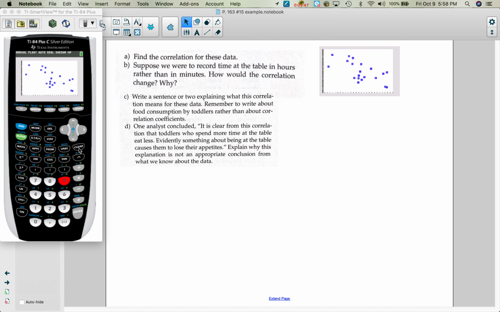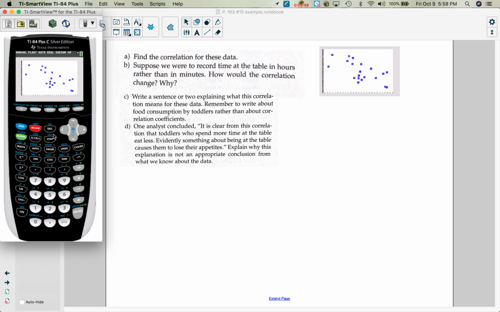to do the correlation, I'm going to quit my graph, and to find that, we're going to go Stat, Calc, and you want to go to number 8. You can actually just type in number 8, linear regression, a plus bx. Your x list is L1, your y list is L2, and you're going to go down here to calculate.